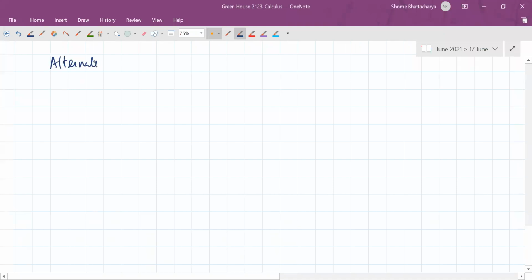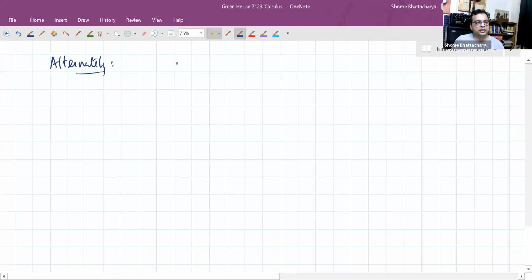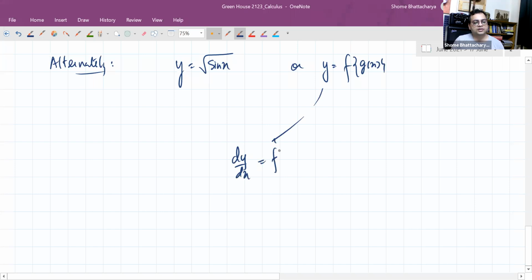So, alternately, what we can do is that since it is given that y is square root of sin x, or y is f of g x, we know that dy by dx in general will become derivative of f of g x into derivative of g x.